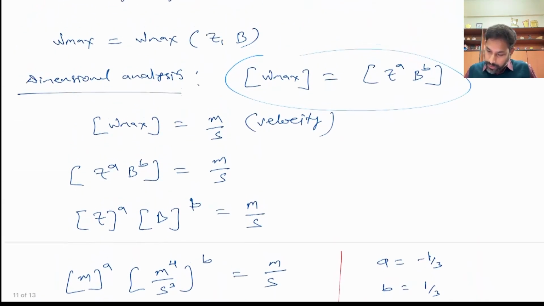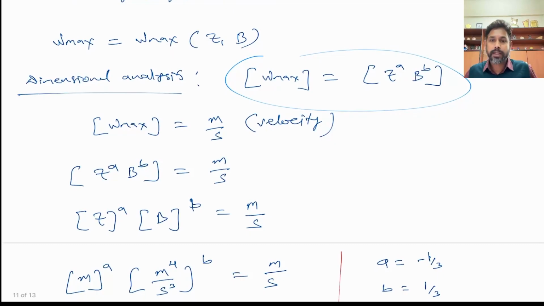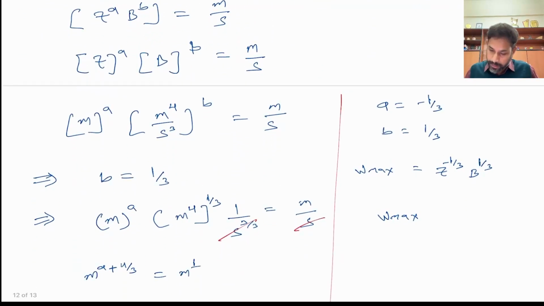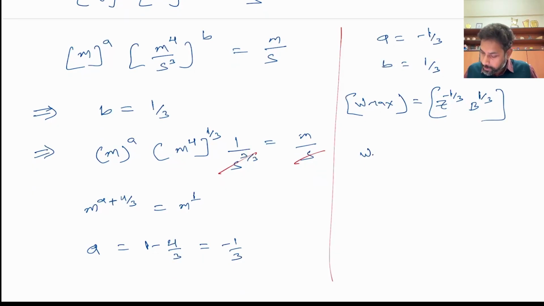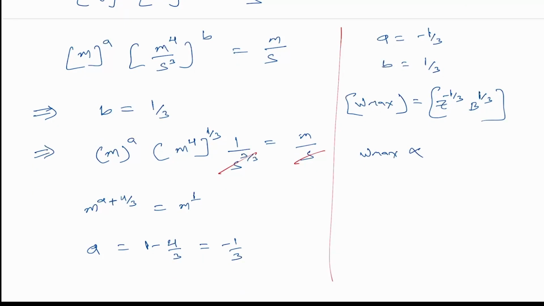So W max, and one more thing we need to consider is, in this bracket we are doing dimensional analysis. So this actually is same here, but now when we want to move from W max to this, to remove the dimensional sign, we must use this proportionality sign, because we don't know the numerical values yet.